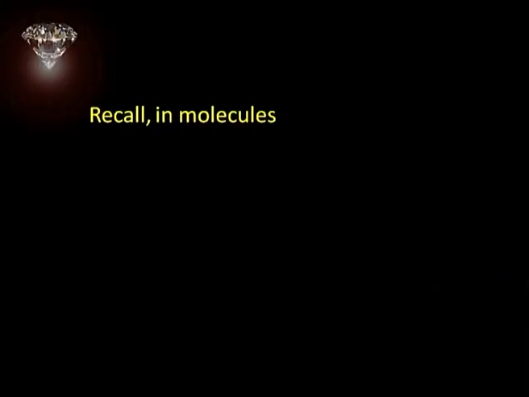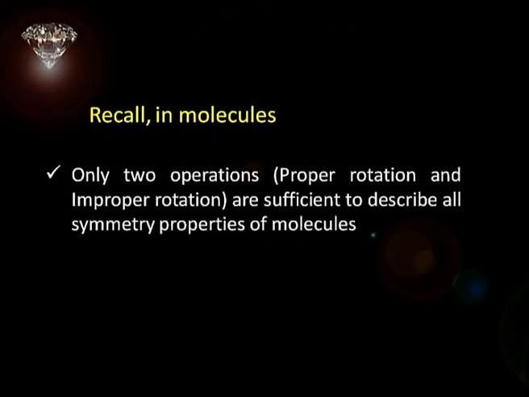Let us recall that in case of molecules, we need only two operations, that is the proper rotation and improper rotation, and they were sufficient to describe all possible symmetry properties of the molecules. Now, when we extend further to crystals, these two operations combine with the translation operation, because translation is a new phenomenon which does not occur in case of molecules.